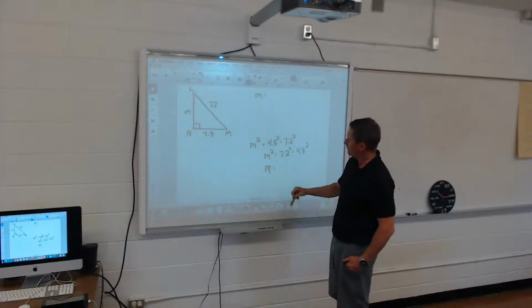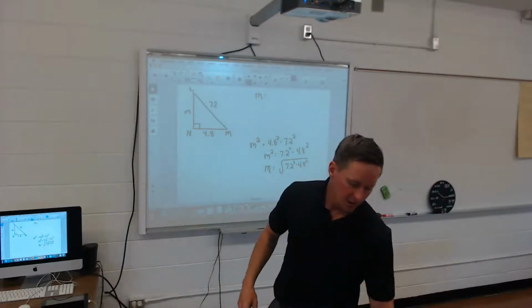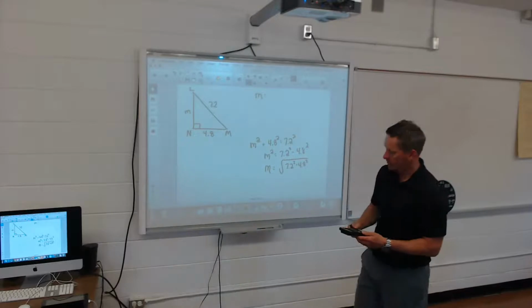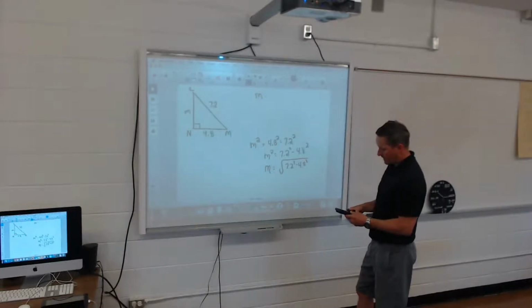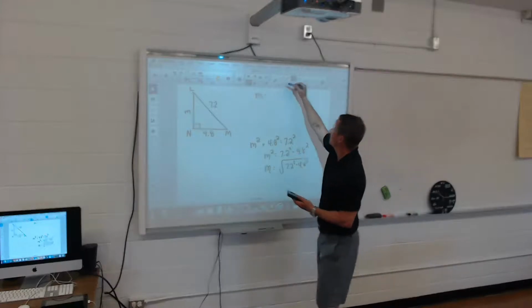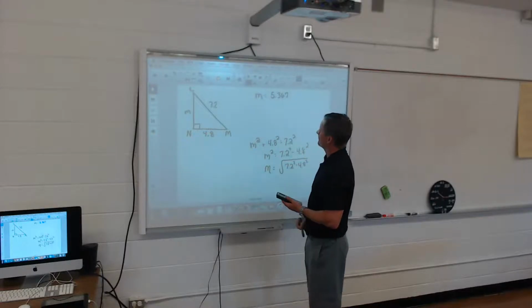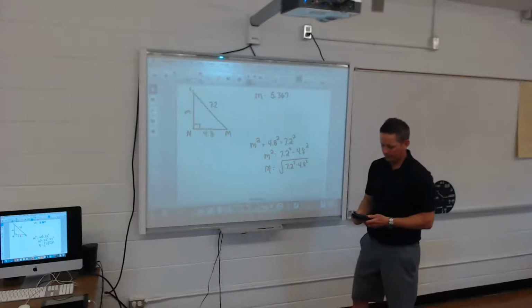M is equal to the square root of those two. So that would be where I would start with this question. So second function, square root, 7.2 squared minus 4.8 squared equals 5.367.